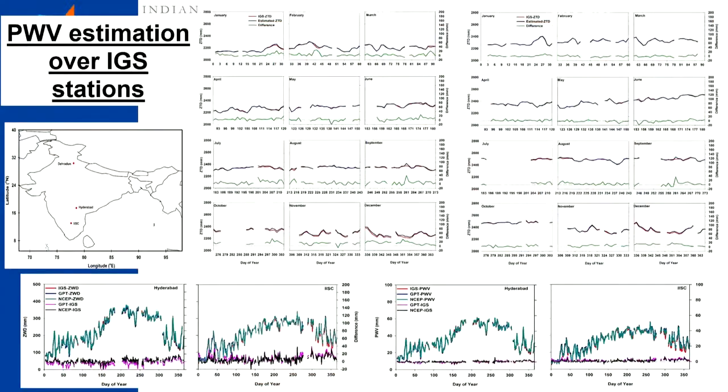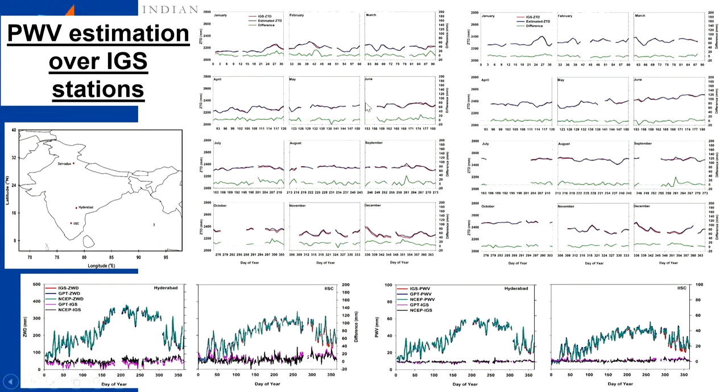So generally there are some results which I am going to show you. We have IGS stations here over Hyderabad and IISc, and we have one CORS at Dehradun. These are the zenith tropospheric delay for the Hyderabad station, and one for IISc, which is another IGS station.